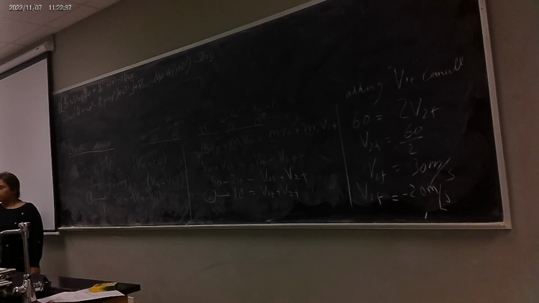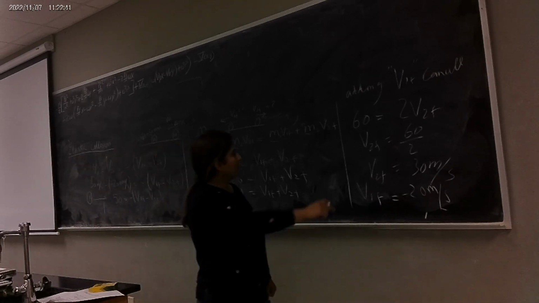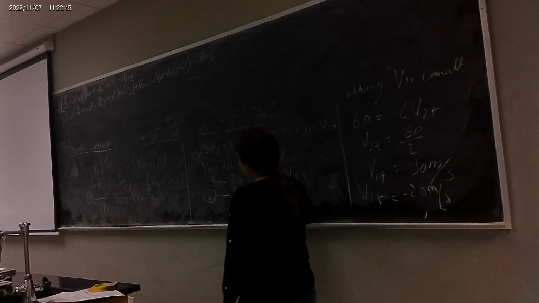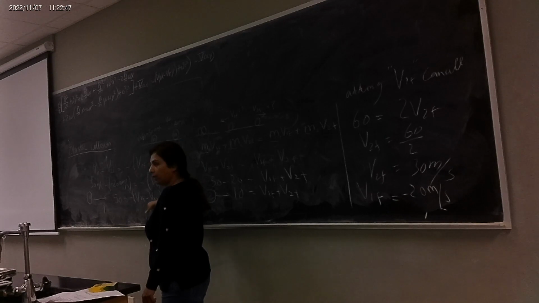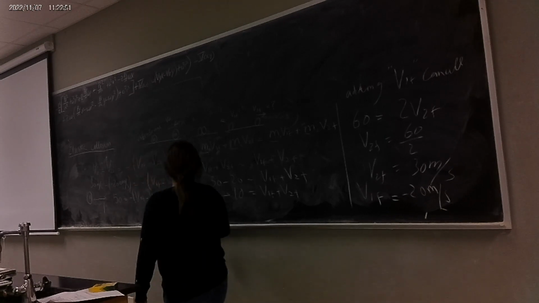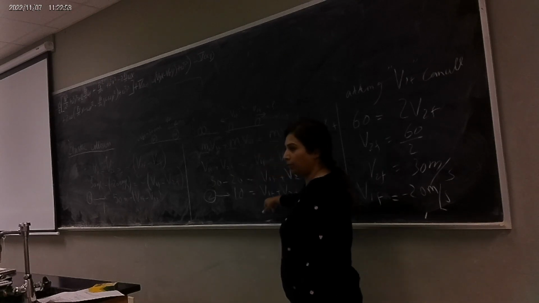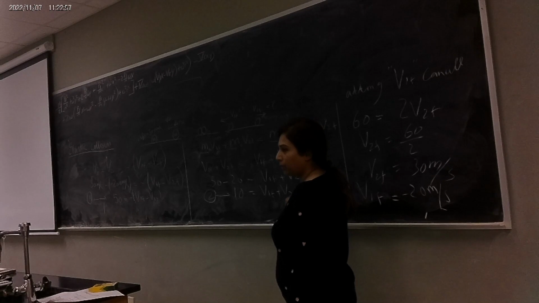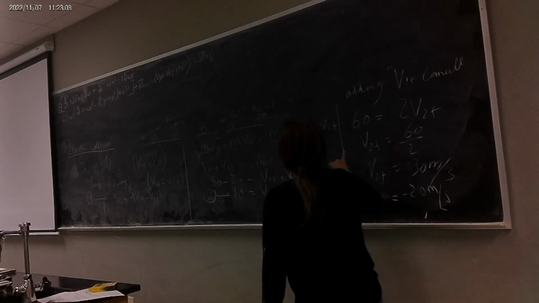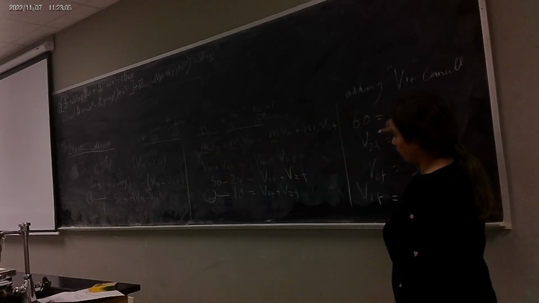So when you add these two equations, V1F is negative in this one, V1F is positive in this one. They cancel out. And V2F is positive here too. They add up. So basically you have just added equation 1 and 2.